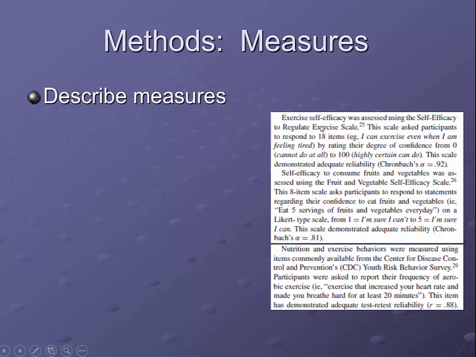So what I've done is I've told the reader where I got that scale, so where I got the exercise self-efficacy scale, and then I've given them a general idea of what that scale asks, so that it's an 18-item scale. For example, one of the stems is, can I exercise even when I am feeling tired, and how people respond to that particular item or to that scale.